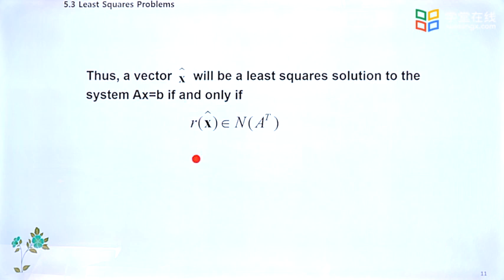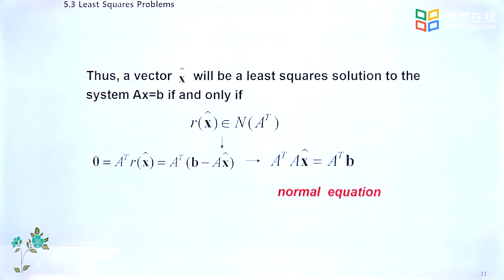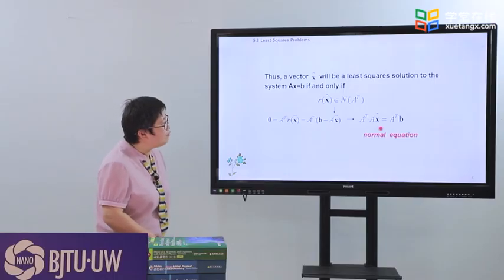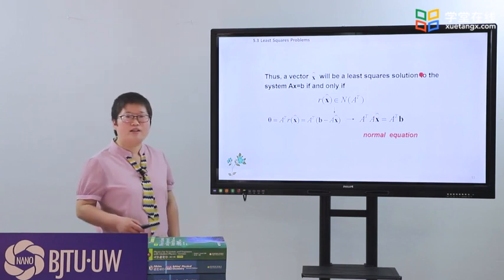Because r(x hat) belongs to the null space of A transpose, A transpose times r(x hat) should be 0, and r(x hat) equals B minus A x hat. So you have A transpose A x hat equals A transpose B. If you get the solution of this equation, you will get this vector x hat, which is a least squares solution to this linear system. We give this equation a name: the normal equation.